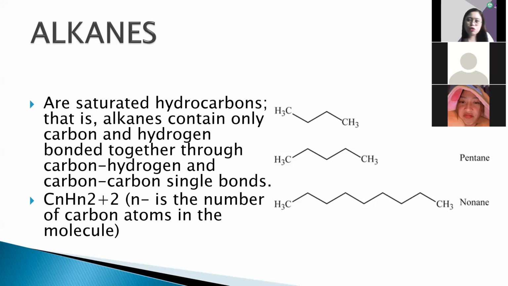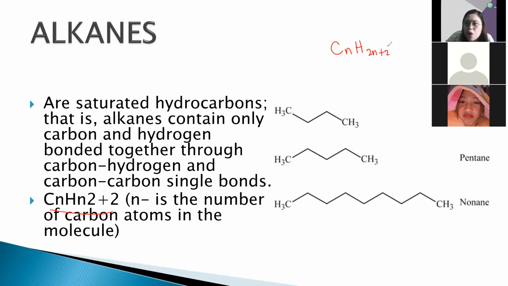That is also true for the carbon and hydrogen bonding. Everything will be just single bonds. We call them alkanes. Take note, you will not see any other atom there except carbon and hydrogen. And then we have the general formula for alkanes: CnH2n+2.